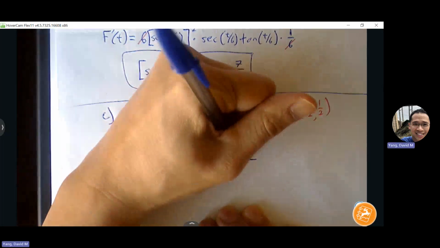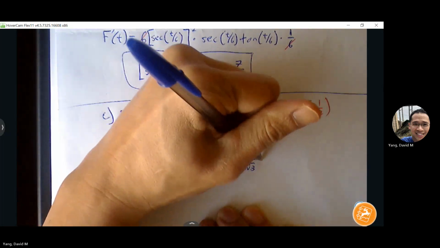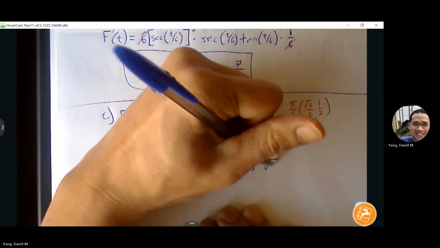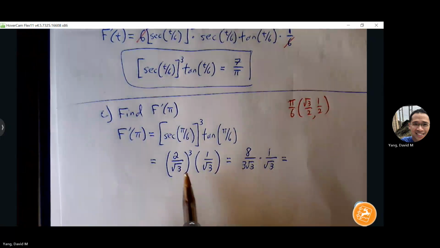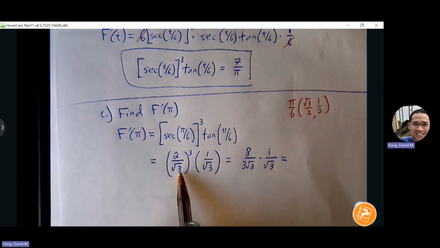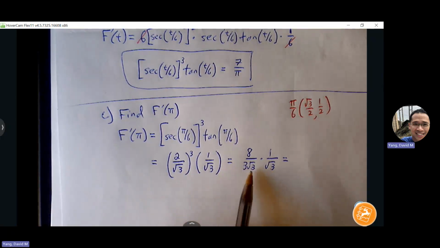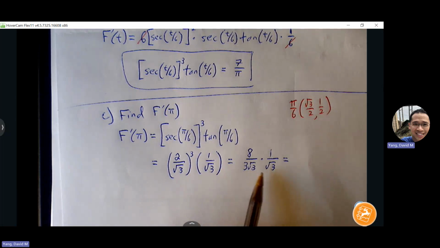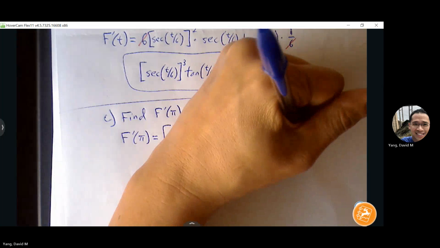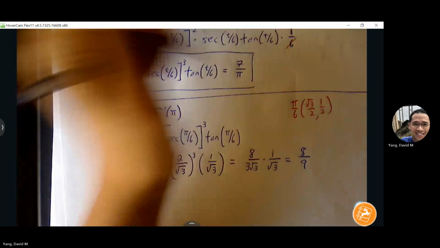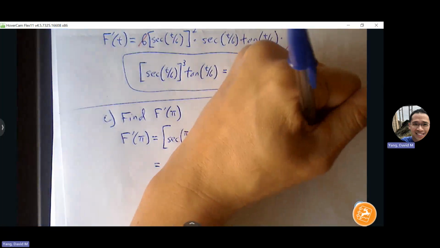Root 3 cubed is just 3 root 3. Root 3 times root 3 times root 3 gets 3 root 3. And I can multiply this further. Root 3 times root 3 is 3. 3 times 3 is 9. We're asking for the velocity here, so meters per second.